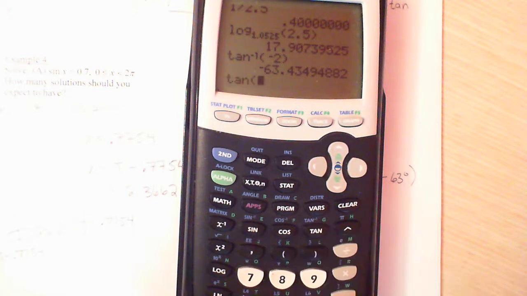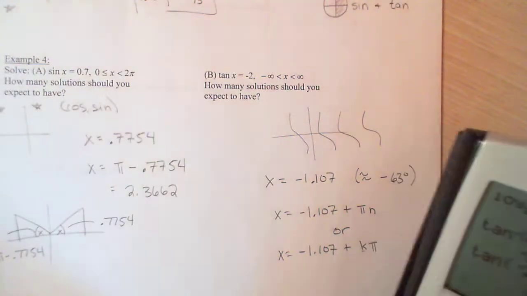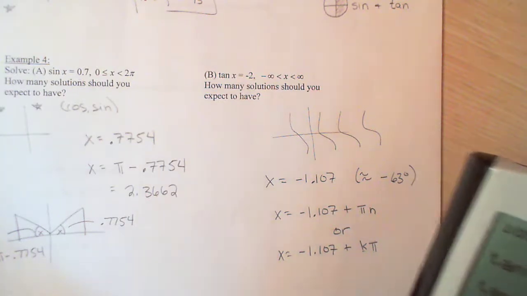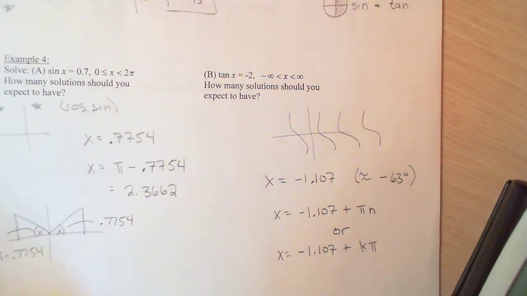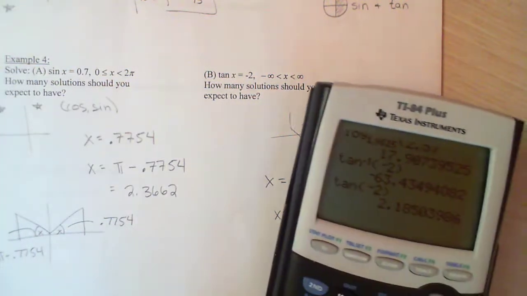Okay, now let's try it again. So let's do tan inverse of negative 2. I think I pressed something wrong there. Got negative 63.